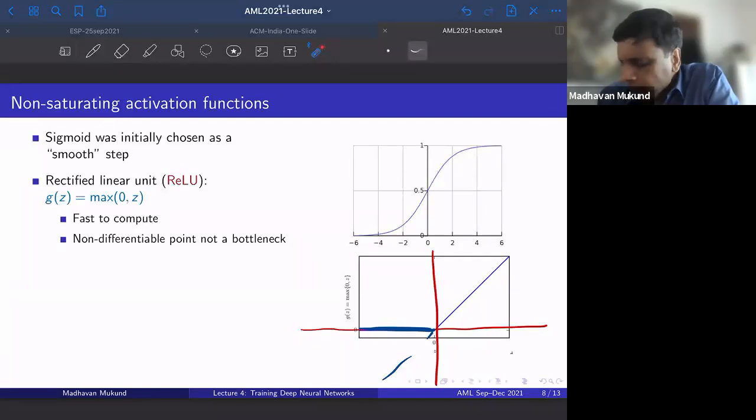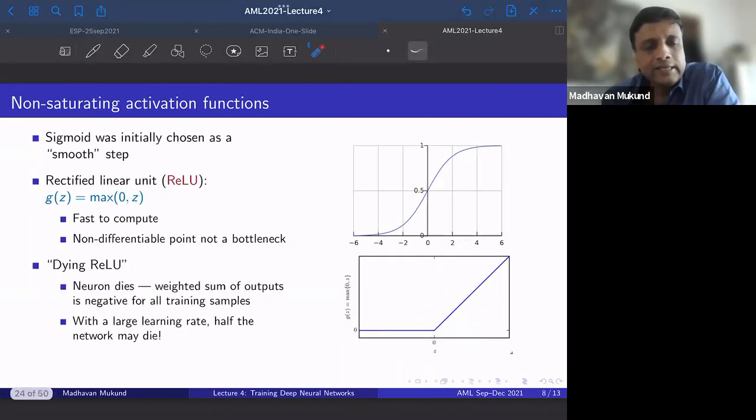But the 0 does create a problem. The reason that ReLU creates a problem is that if your outputs are negative, then your gradient becomes 0. If your z gives you a negative output, then your activation A becomes negative, and once you go into this negative zone, your ReLU has 0 slope.